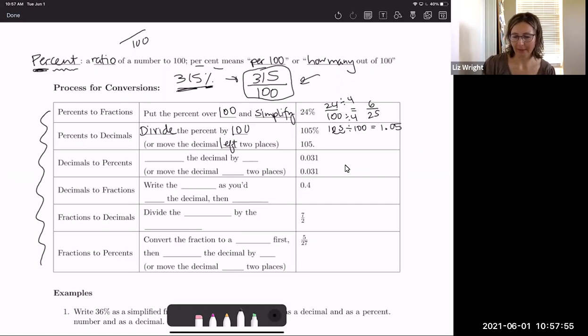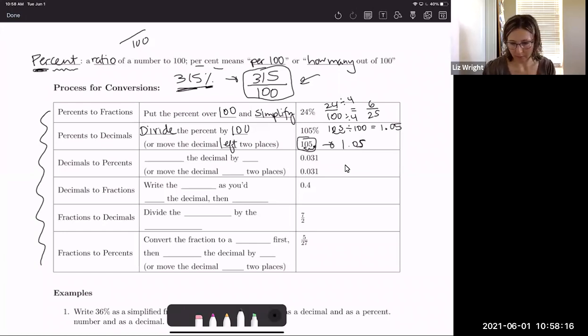So if it was 105%, where is that decimal? That decimal is at the end of that 105, and it's moving 2 places to the left, which again is going to give you 1.05. I was just showing you another step there to that problem.